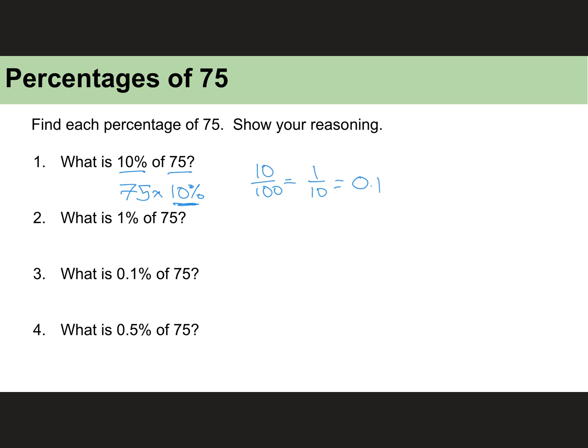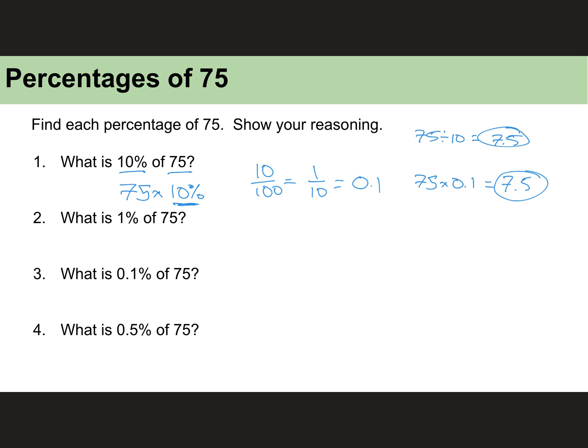So to find the solution, I would do 75 times 0.1, which equals 7.5. Another way I can think about it is I could do 75 divided by 10, which is also 7.5. So my answer for the first one is 7.5.